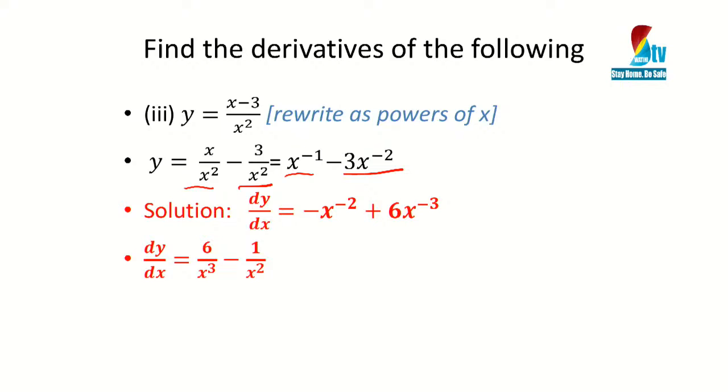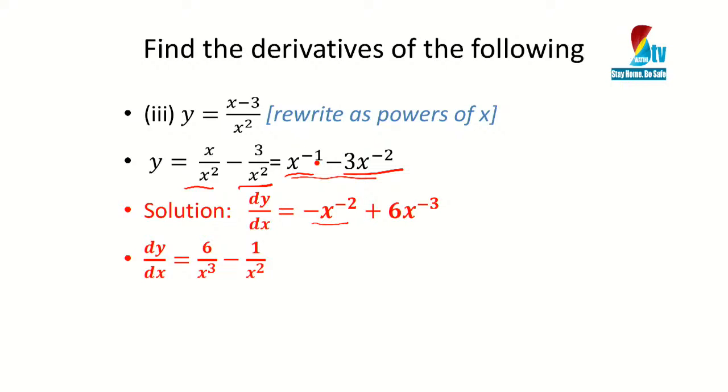So when we have it like this, we can then differentiate with respect to x. So we will multiply by negative 1 on this side to get negative 1. And then when we subtract 1, we get negative 2. So the first derivative is going to be minus x raised to the power negative 2.